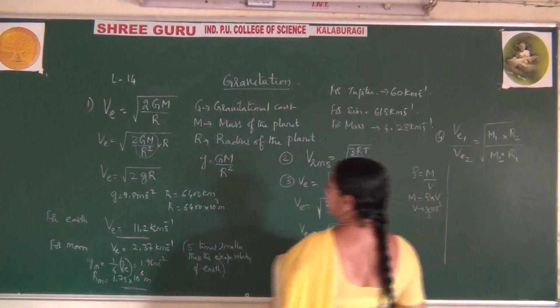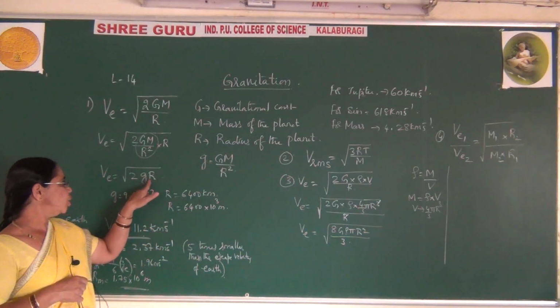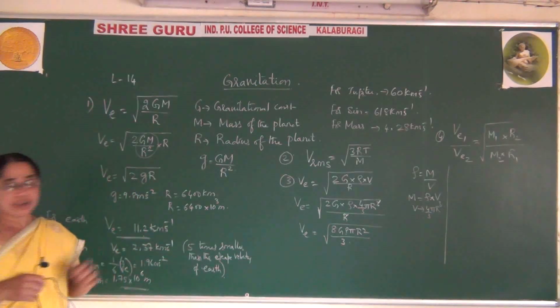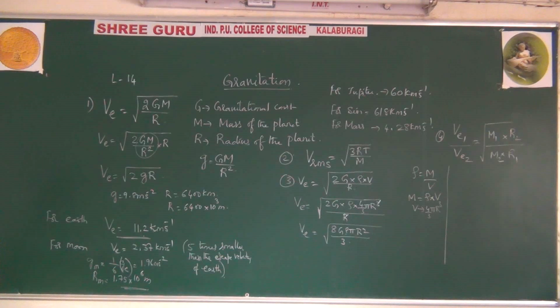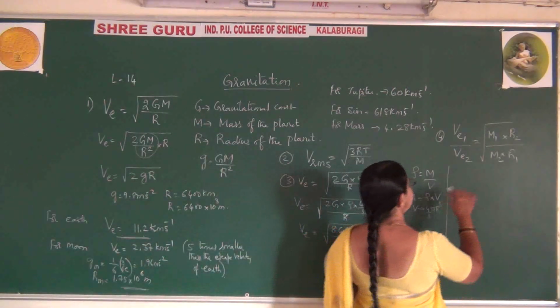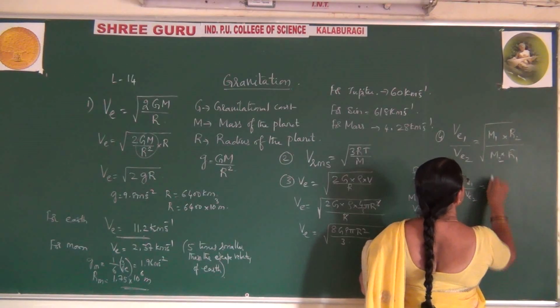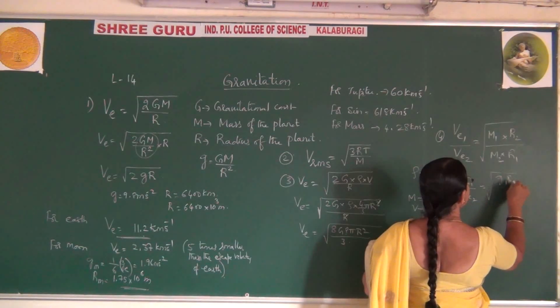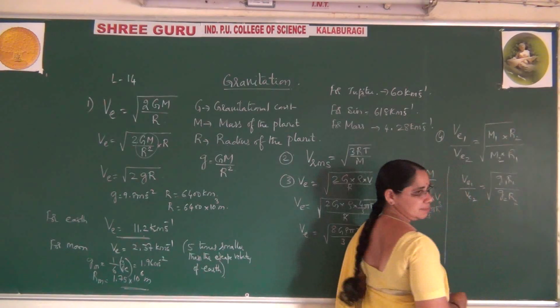Okay, by chance, if you use the condition 2gr, where you already know g is different for different planets, they are directly proportional to each other. At that time you can write VE1 by VE2 is equal to root of g1 R1 by g2 R2, depending on different planet variables.